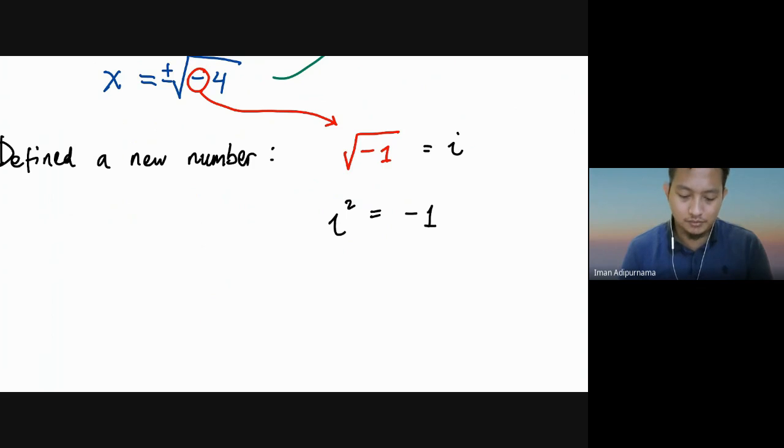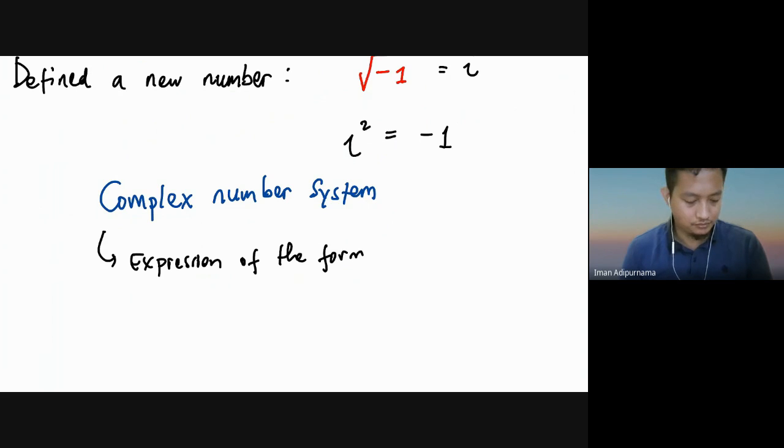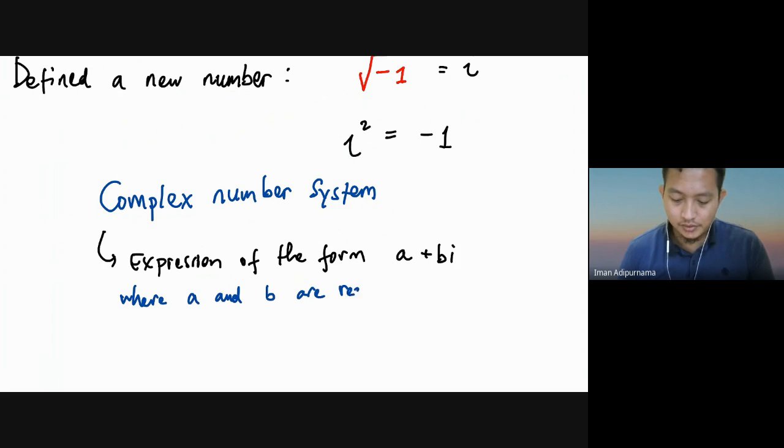It is an expression of the form a plus bi, where a and b are both real numbers, and i squared is equal to -1.